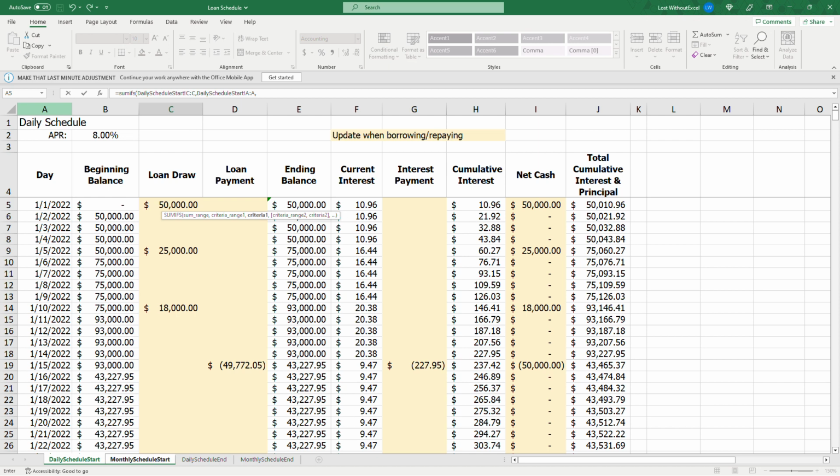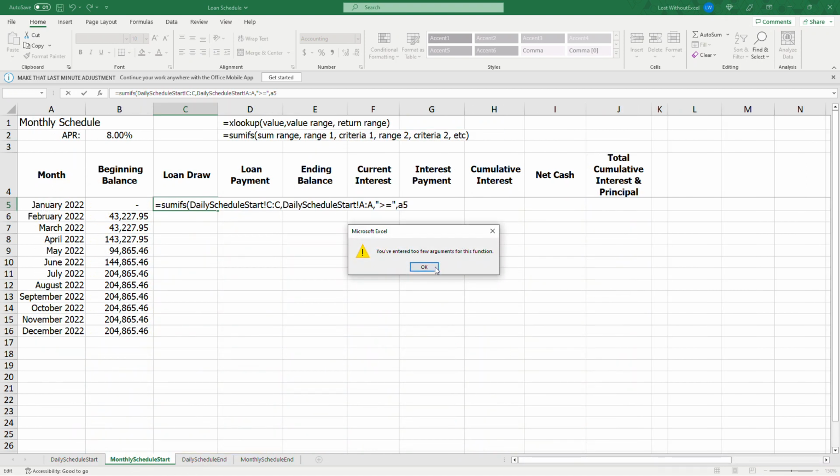So I'm going to put in quotes greater or equal to, and, if I can get my keyboard to work properly, greater or equal to, and in my case, it's A5 over here, is my date. And then, whoops, I did this wrong. Sorry, there's not supposed to be a column there. I just need to do A5.